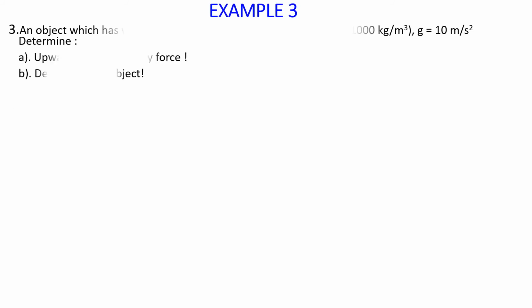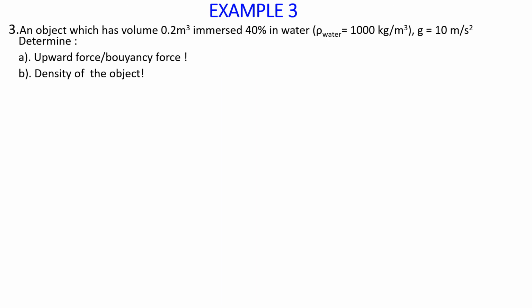Example 3. An object which has volume 0.2 meter cube is immersed 40% in water. The density of water equals 1000 kg per meter cube, and G equals 10 meter per second square. Determine A. Upward force or buoyancy force. B. Density of the object.